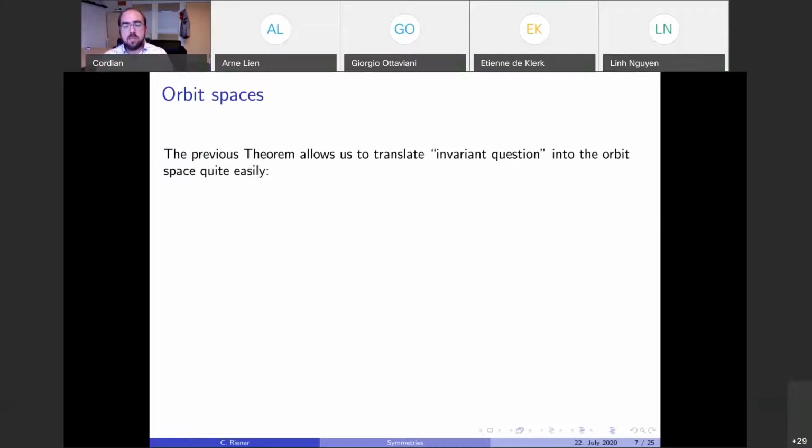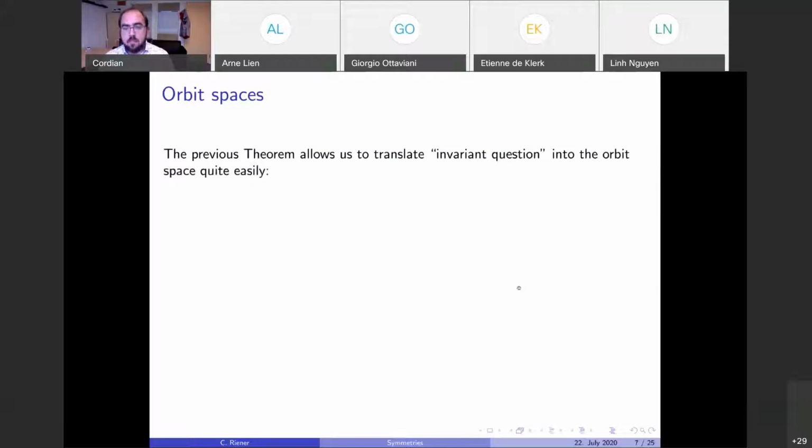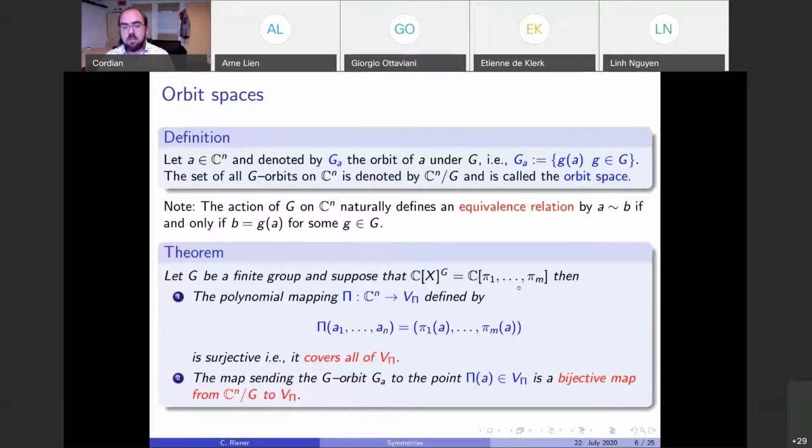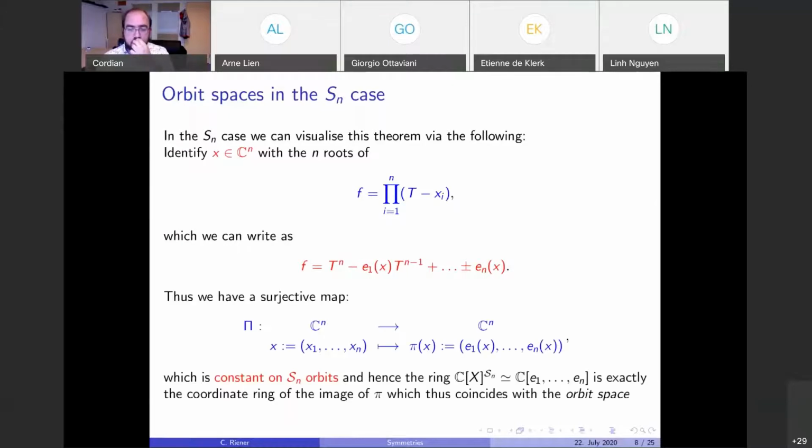In any of the theorems, m is at least n, but it's not necessarily the cardinality of the orbit. In particular, in our case here, when we have the symmetric group, then m equals n, but the orbit of a generic point has cardinality n factorial. Okay.